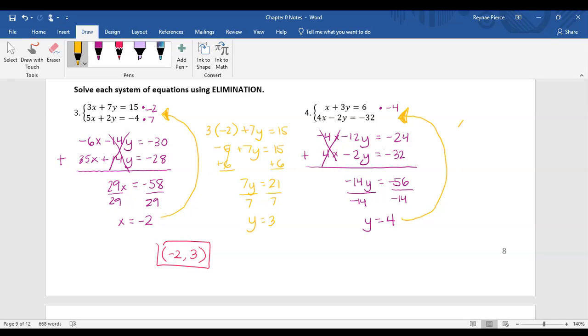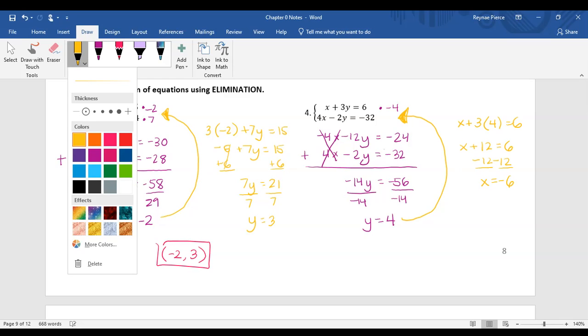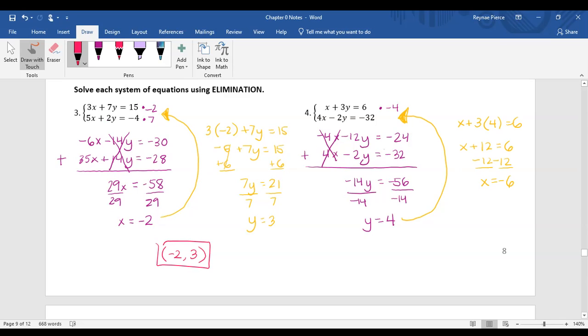All right, so I've got x plus 3 times my y value equals 6. Okay, 3 times 4 is 12. And I'm going to subtract 12 from both sides to get my x value. And again, when I answer, I'm going to answer with my x value first and my y value second.